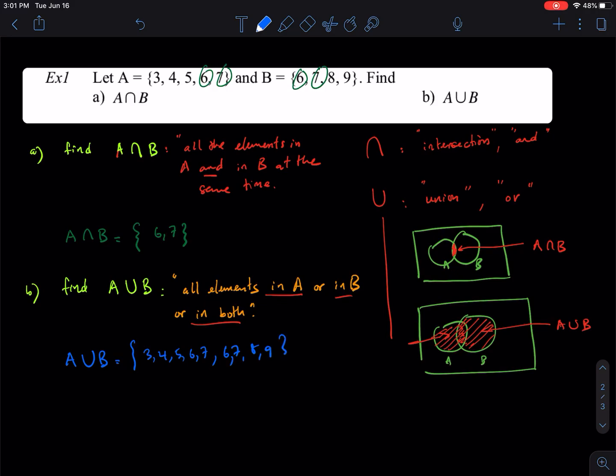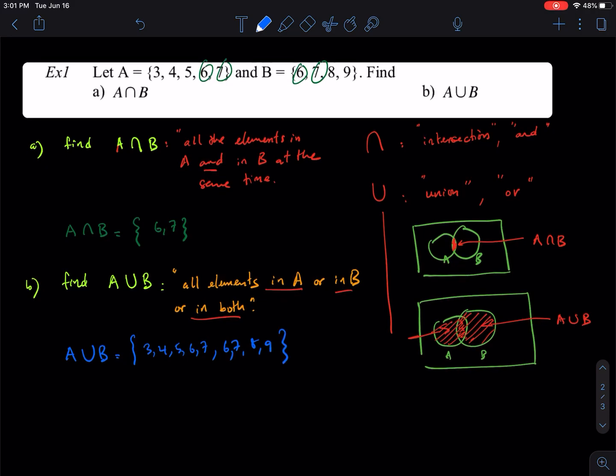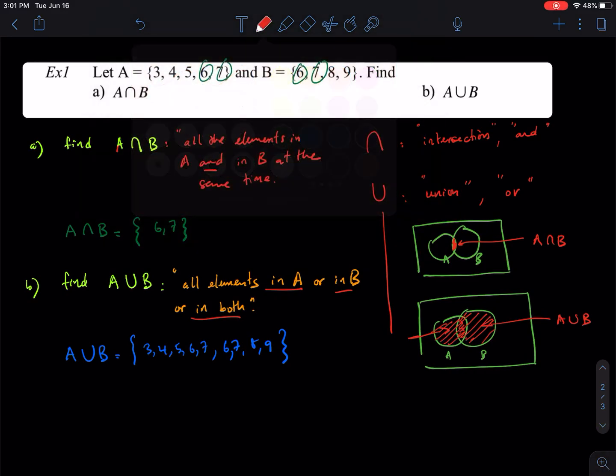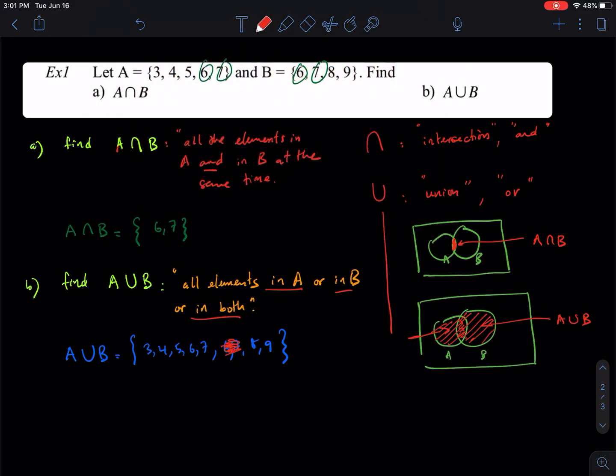But you see how we double count the 6 and 7, because 6 and 7 are already in A, so we want to omit that. So it's just going to be 3, 4, 5, 6, 7, 8, 9 as the elements in the set A union B.